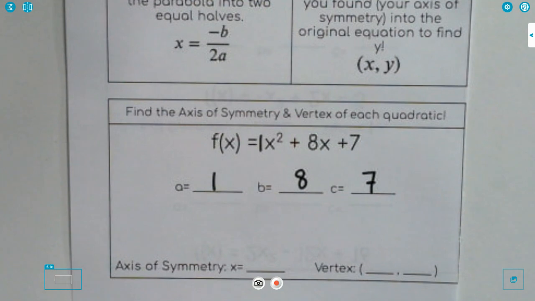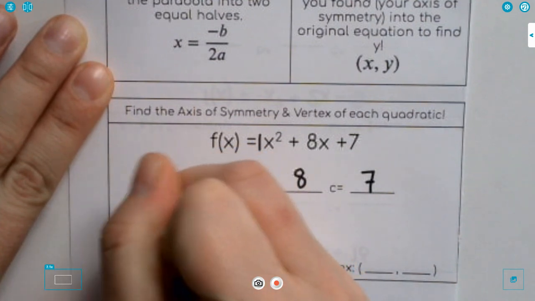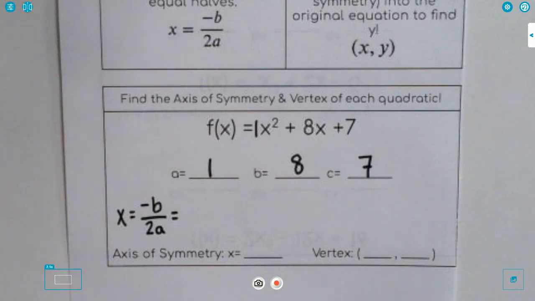Then we are always going to use the exact same formula to find the axis of symmetry. You will use this for the entire unit, and then in geometry and algebra 2 as well. That formula is x equals negative b over 2a. I'm writing it down so I know what I'm plugging into.